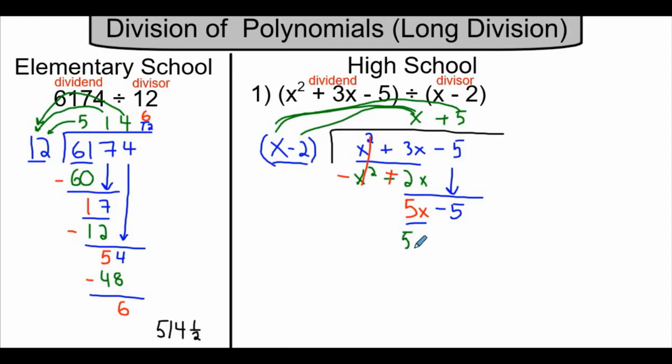That'll cancel in just a second. And 5 times -2, right, is -10. Now I'm going to subtract each term, subtract the first term and subtract the second term. This one will cancel. This one is changing to an addition sign. So my remainder is -5 plus 10, which is 5.